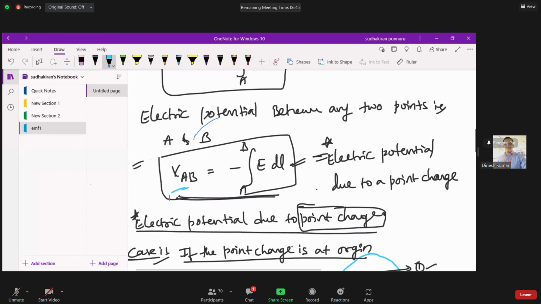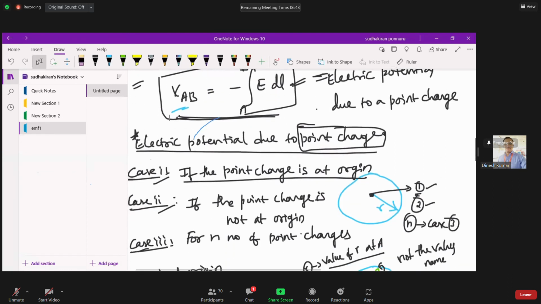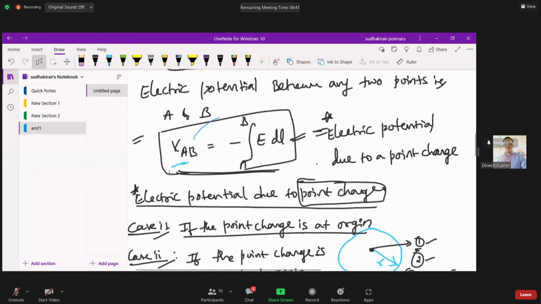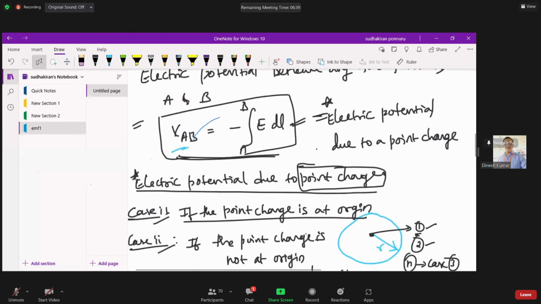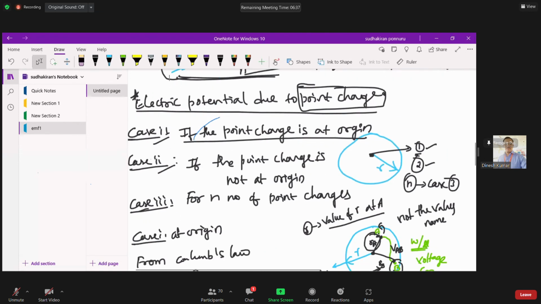Next we have the next derivation, that is electric potential due to a point charge. Here we have a total of 3 cases: case 1, case 2, and case 3. In this class we have obtained the expression for electric potential due to the point charge if that point charge is located at the origin.